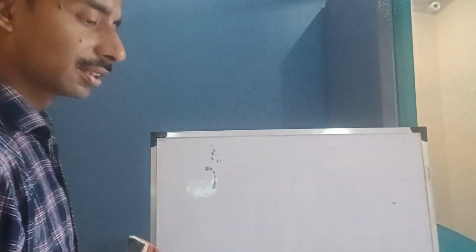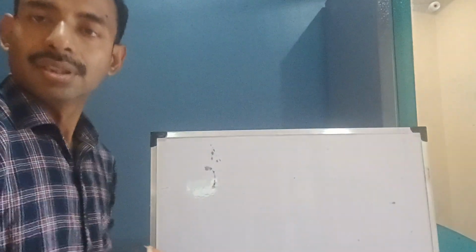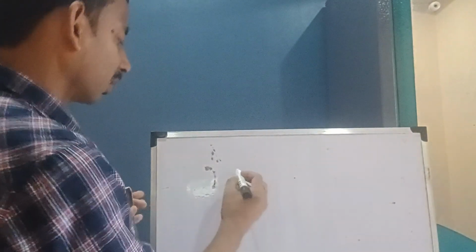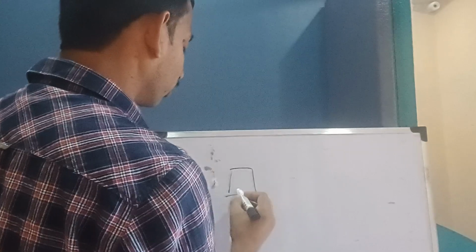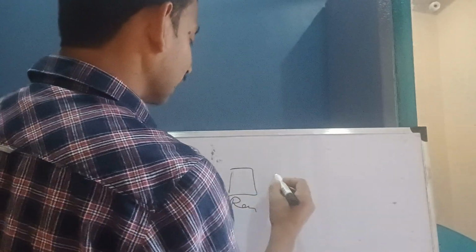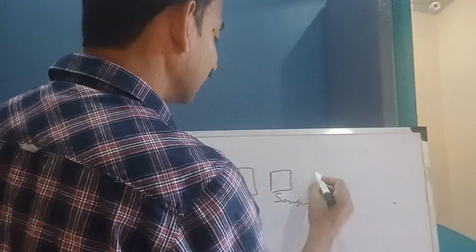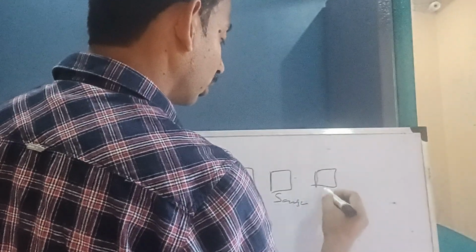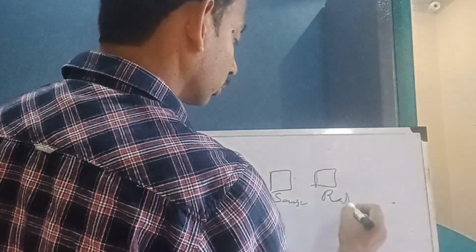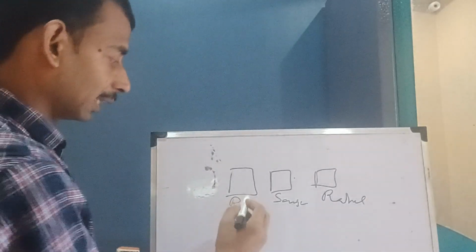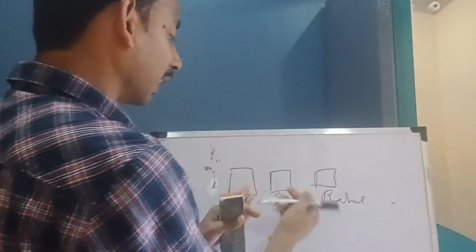Now, what is a neighbor? Neighbor means just, if this is the home of Ram and this is the home of Sanju and this is the home of Rahul, then Sanju is the immediate neighbor of Ram.